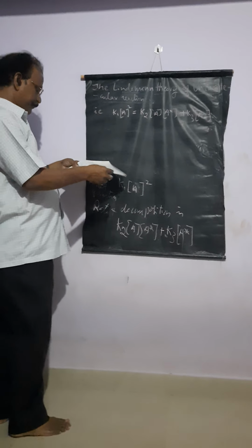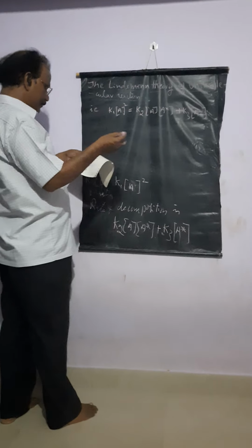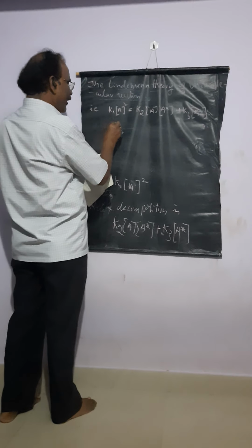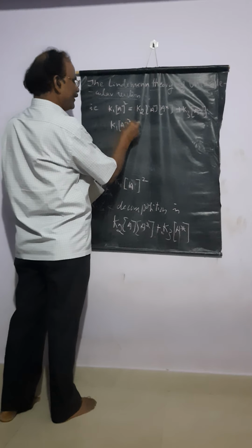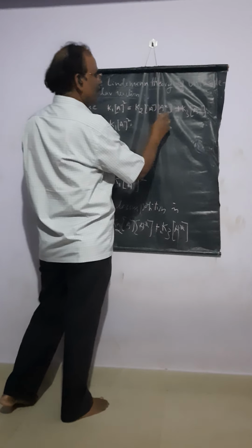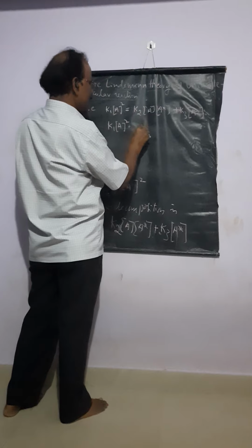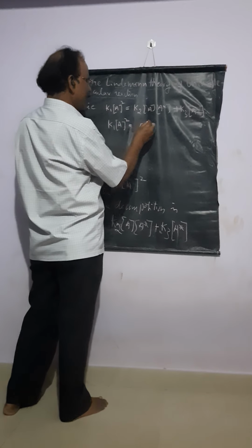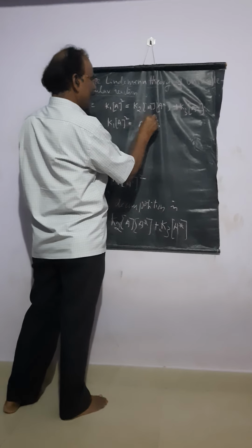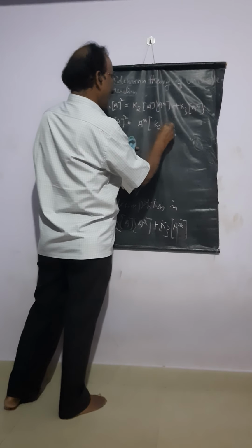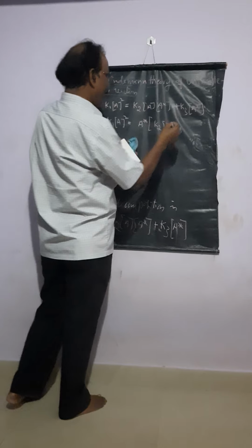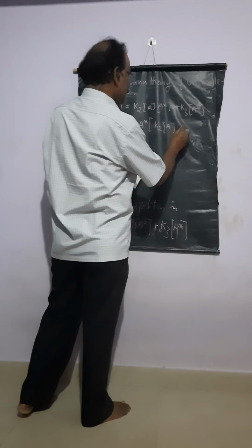Now, A star is a common factor, so you can take it outside: A star into K2A plus K3.